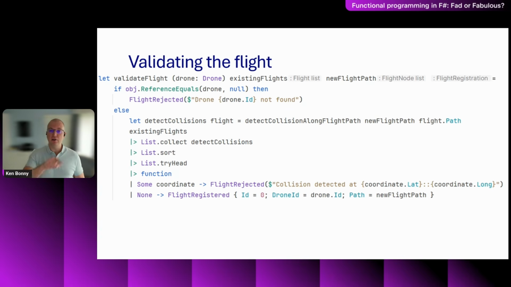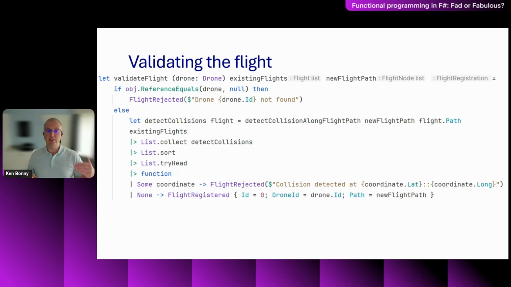So if I have a new flight path and I have an existing flight path, it will give us all of the points along which collisions occur. So let's take all of our existing flights. We will loop over them and we will collect all of the collisions. And the collect function here is basically a select many, so that we get all of the lists that contain collisions, all of the coordinates that are collisions, and we are putting them in one big list.